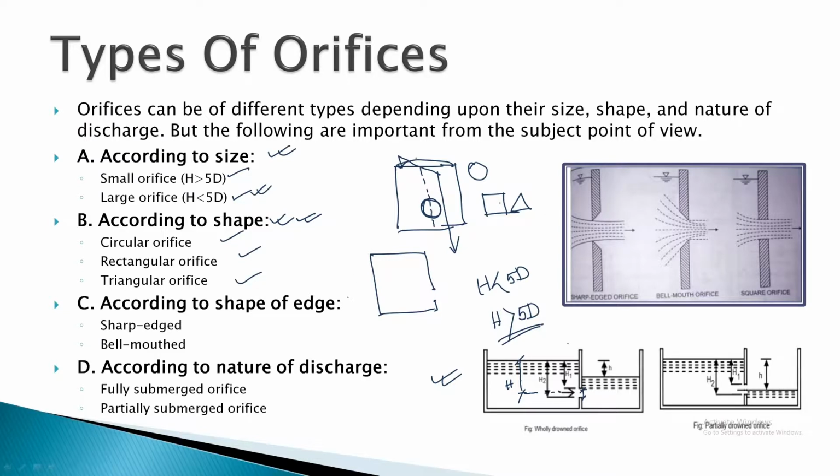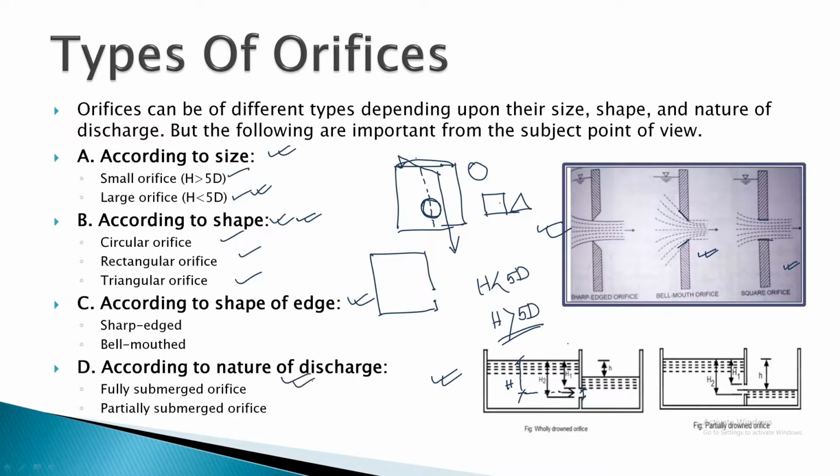Now according to the shape of the edge, you can see in this diagram this is the sharp edge orifice, you can see the edge is sharp. In the other two images you can see this is the bell mouth orifice and this is the square orifice. Definitely there are some losses, because as the edge is not sharp, there is some effect of friction in these two cases.